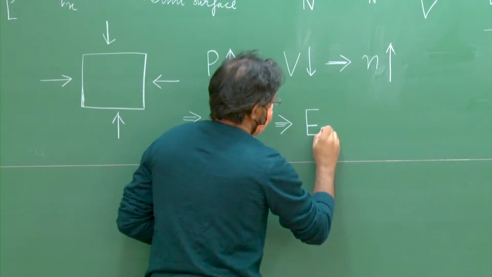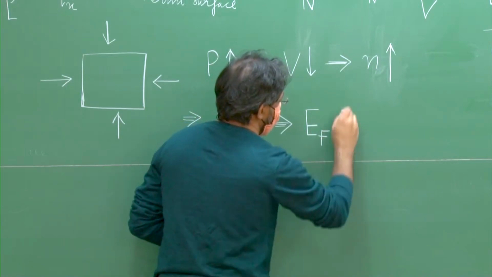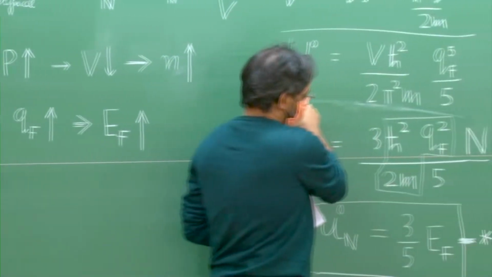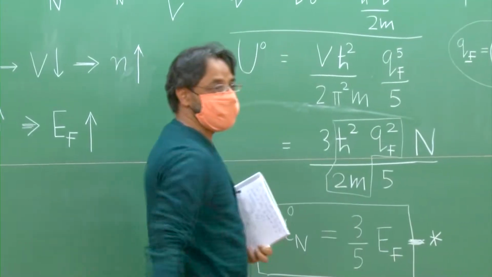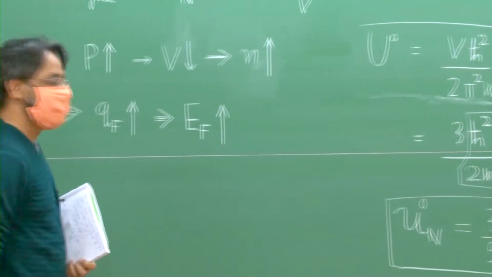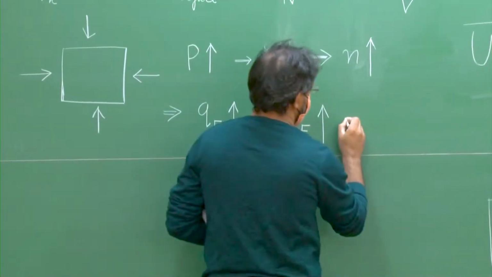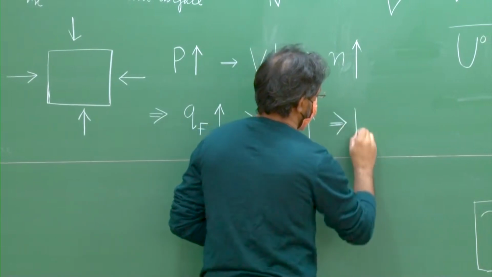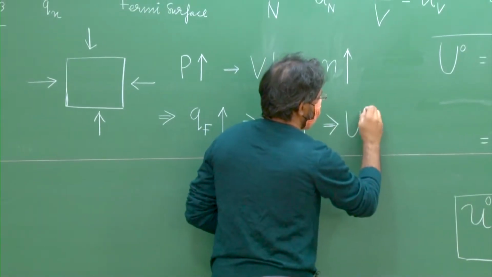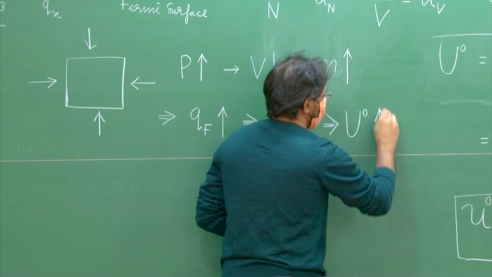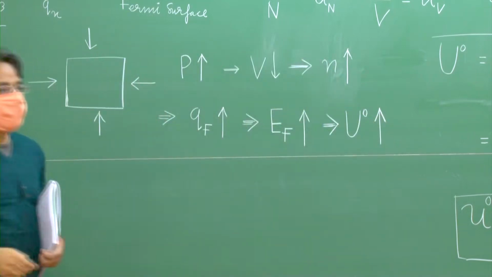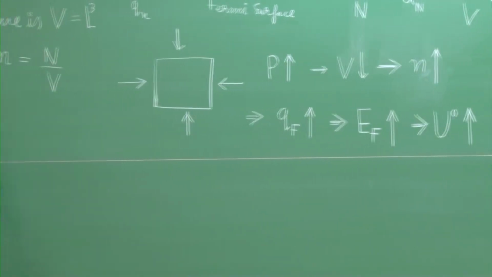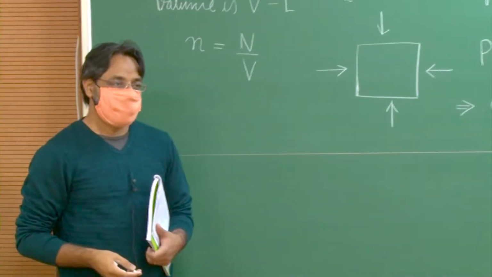And if the Fermi energy goes up, what should happen to U, which is just proportional to the Fermi energy? So this will also go up. And what does that mean? That means that the ground state energy of the electron gas would go up. Now, any system, whether classical or quantum, likes to keep its energy at minimum, right?